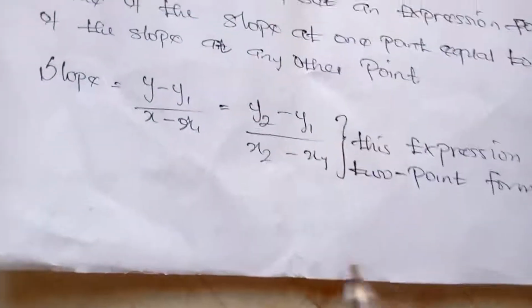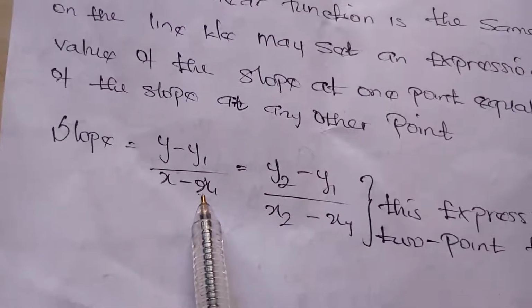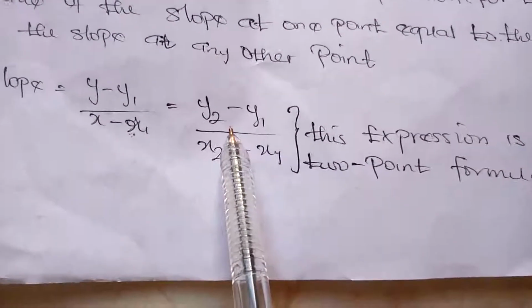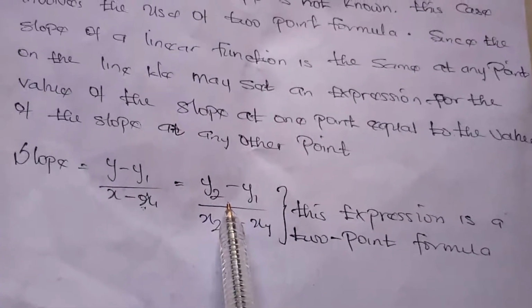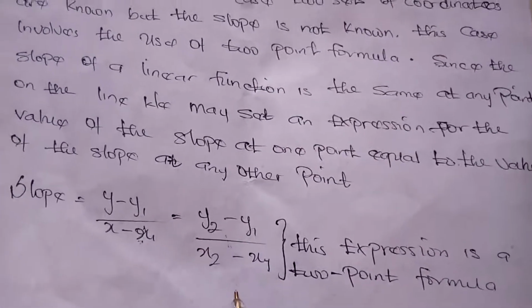Now this is a 1-point slope formula. This is a 2-point formula.